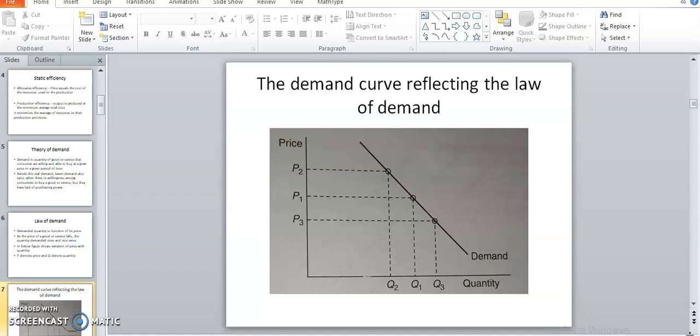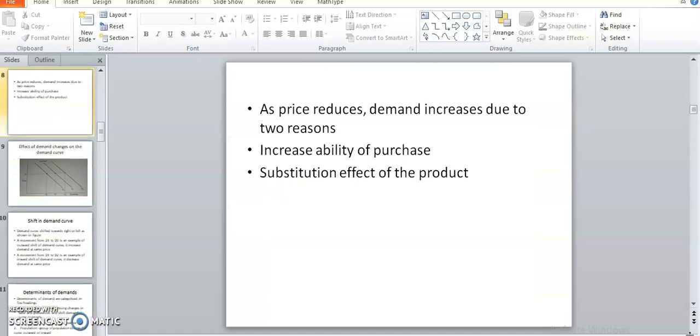As the price changes from P1 to P2 or P1 to P3, the quantity related to this price changes from Q1 to Q3 and Q1 to Q2. So this is a demand curve, which is based on price and quantity.